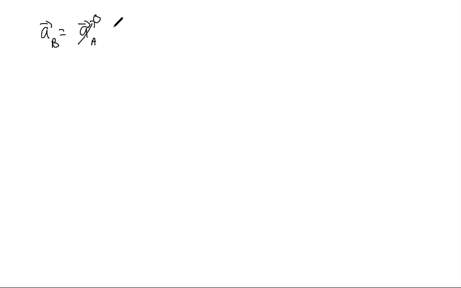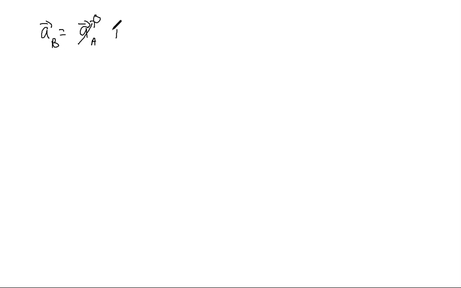So that's going to give me alpha times R AB in magnitude. Tell you what, let's go back and just write it out with the vector notation.